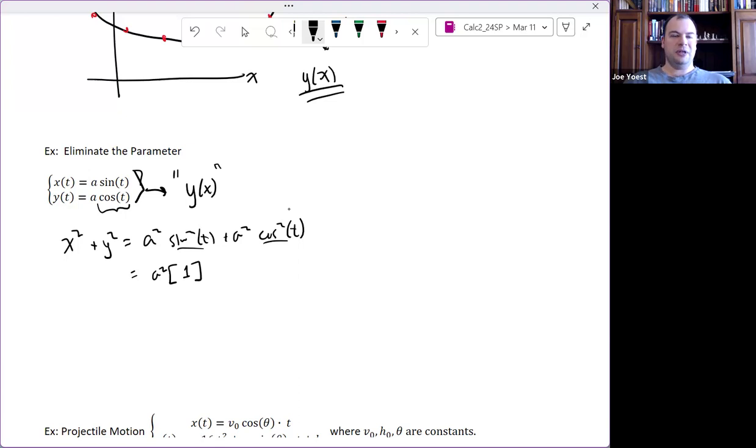How can I eliminate this variable? I can go from 3 unknowns, x, y, and t, in 2 equations, down to 2 unknowns in 1 equation. Can I eliminate 1 parameter and get rid of 1 equation? And I can. This is, in some sense, like a nonlinear system problem. I get x squared plus y squared equals a squared, a circle centered at the origin with radius a.